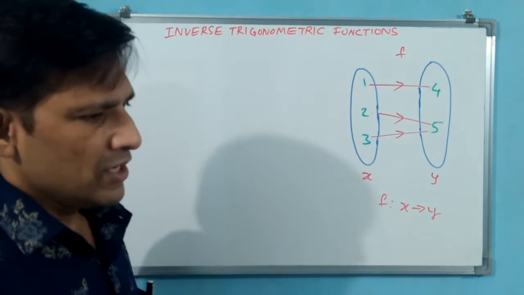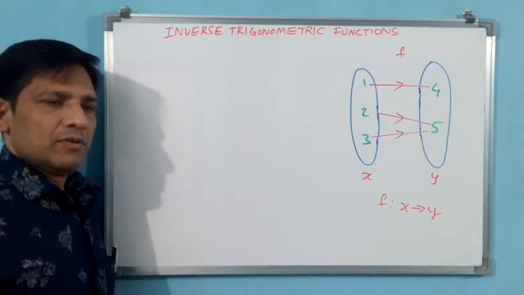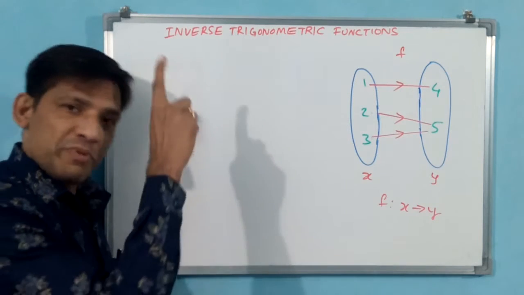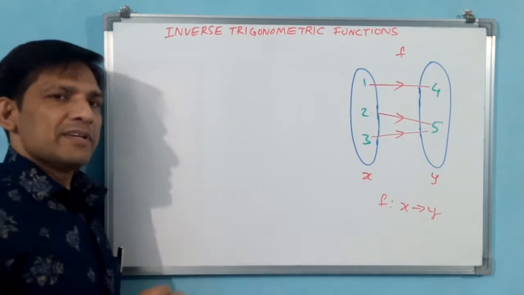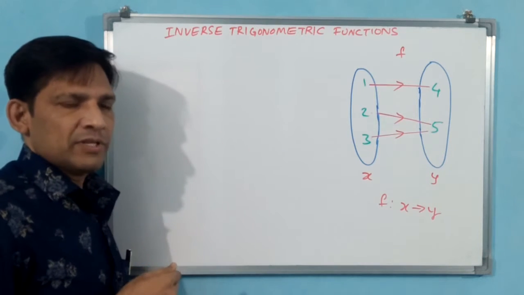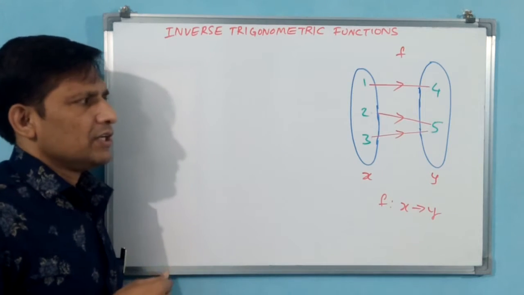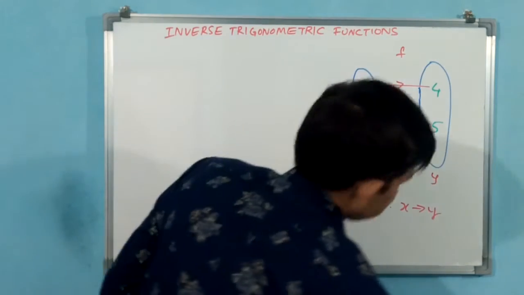Okay. See, for becoming bijective, it should be both one-one and onto. If it lacks even one of the properties, then it is not going to be called bijective. Okay, non-bijective function. This is a many-one function. Now I am changing.